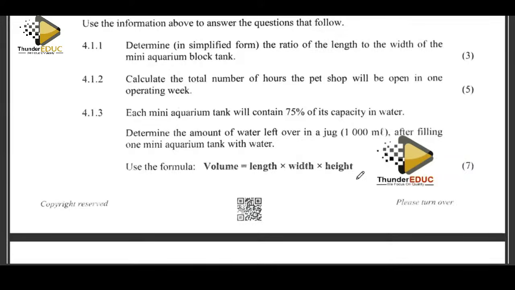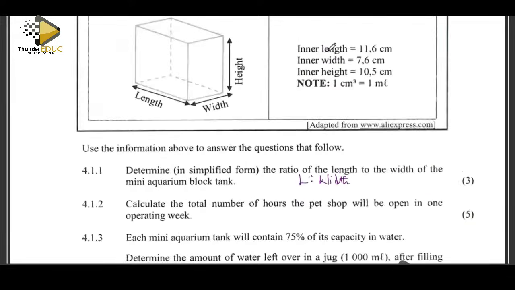Determine, in simplified form, the ratio of the length to width of the mini aquarium. So what you do first is to write down the ratio of length to width. We go to our information that we need to pick. For length we have 11,6, and width is 7,6.